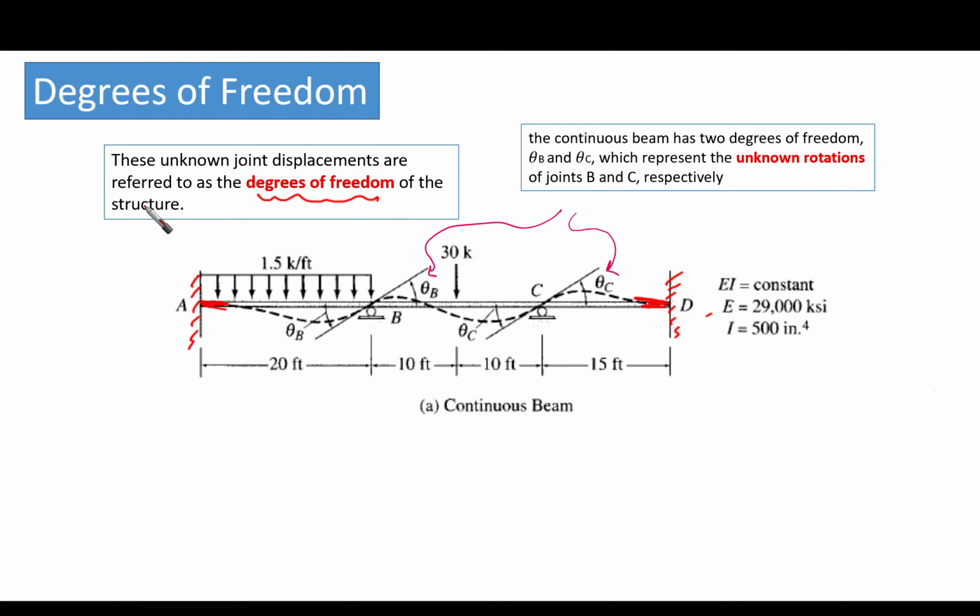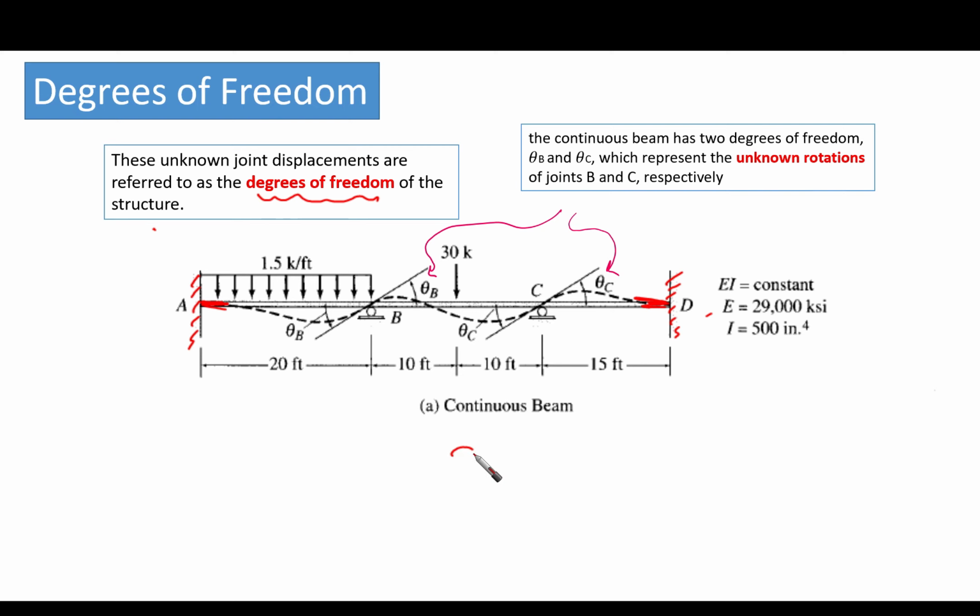So we can say that these unknown joint displacements are referred to as the degrees of freedom of the structure. We do not know how much rotation is going to take place at B, which is theta B, and how much rotation is going to take place at point C, which is theta C.